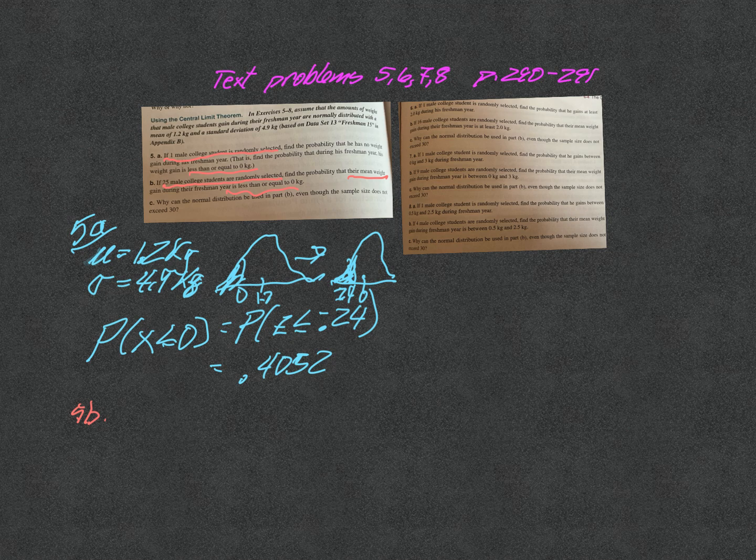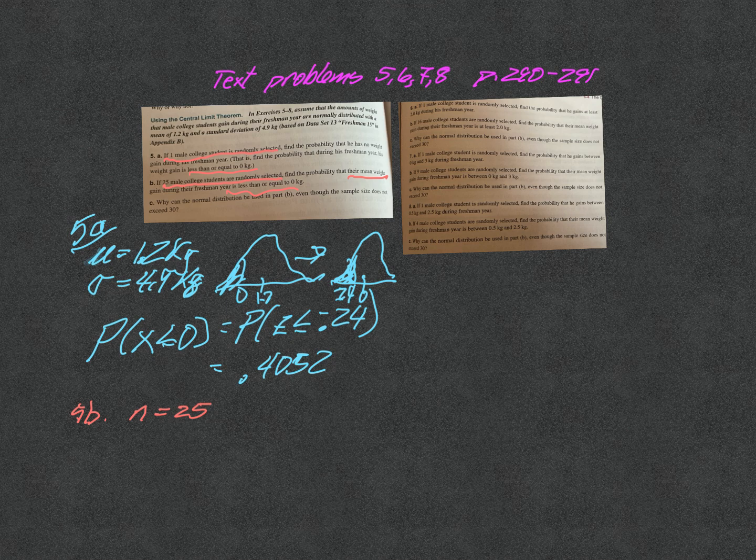So the difference is now we're doing this calculation based on a sampling distribution. Some information I get here is n is equal to 25. That's the sample size. Since it was a normal population to begin with, it's okay that our sample size is smaller than 30. We can still use these methods.